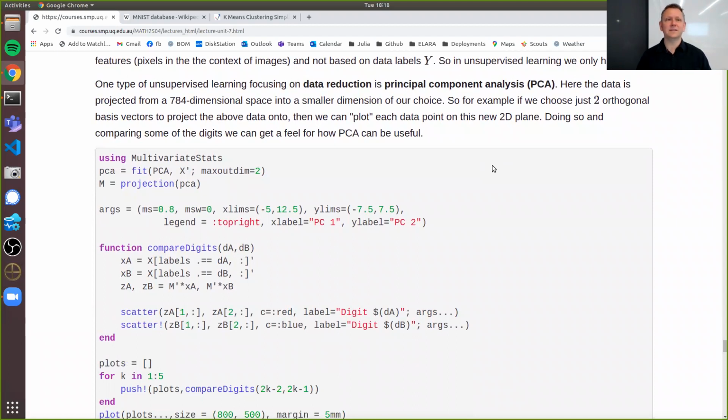It could probably fit into a smaller dimensional space.